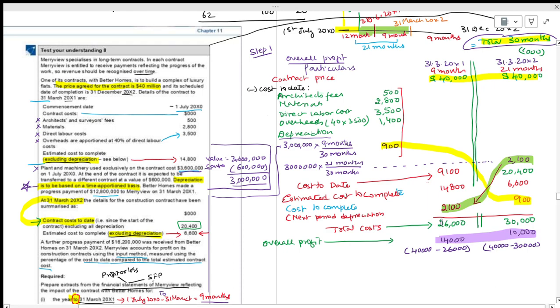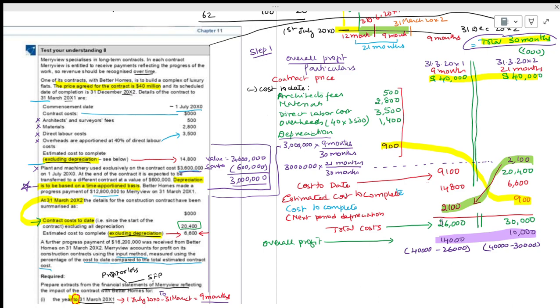Only point of difficulty, I will tell where there is a difficulty, because you are doing it the first time, I can understand. Only the point is depreciation. Keep this in mind.